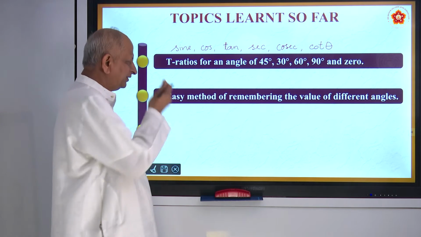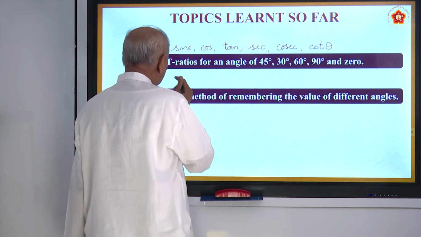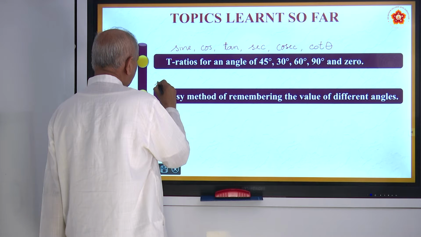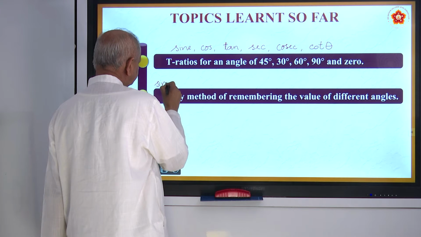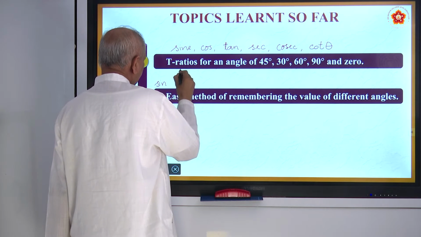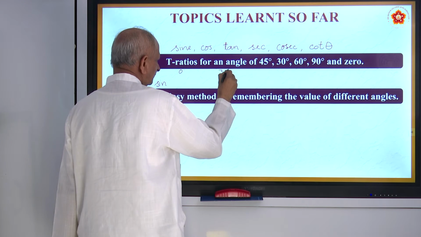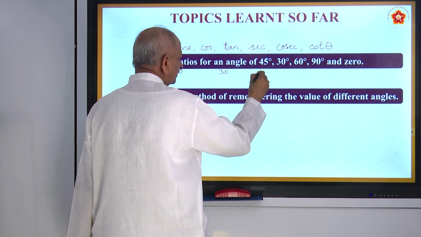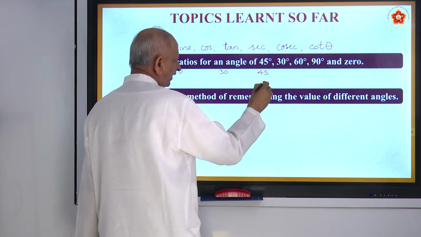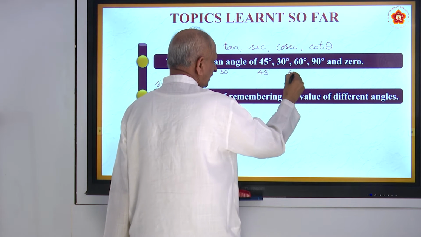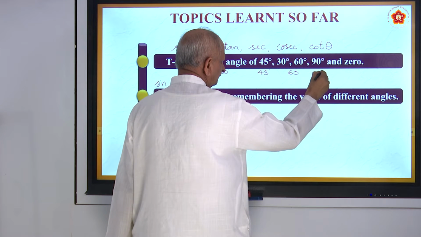Okay. And also we have seen how to remember the angles. As we have seen last time, suppose you have a sine of angle theta. We start with 0, then 30, then 45, then 60.